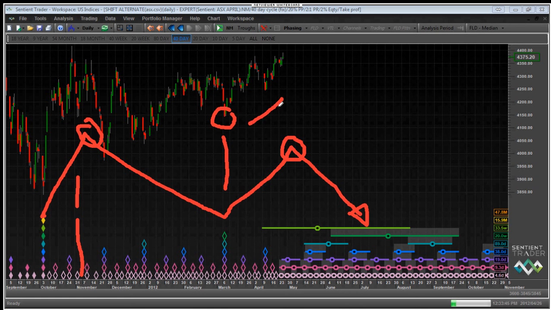Price then came down to form the intermediate trough, which is this point here, the trough of the 20-week cycle, in early March of 2012. Price has then been bouncing upwards to form the second peak of the 40-week cycle.